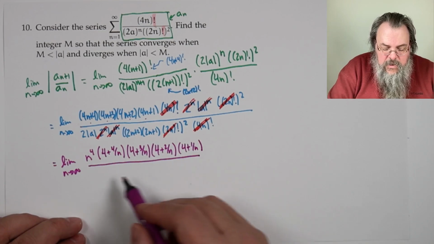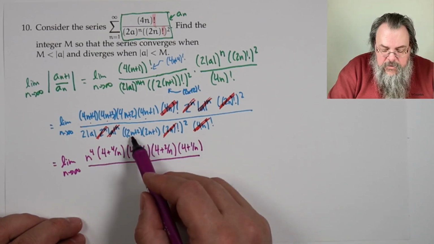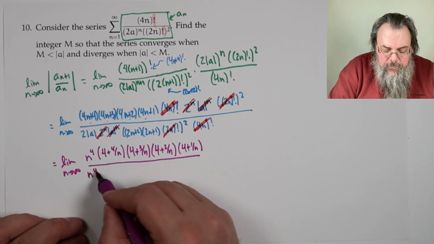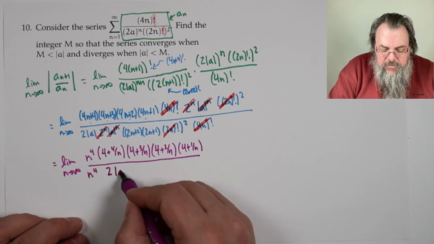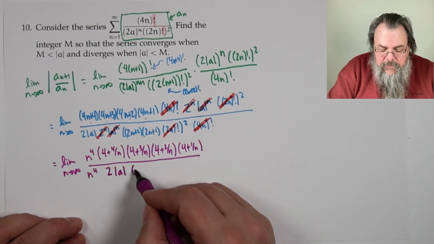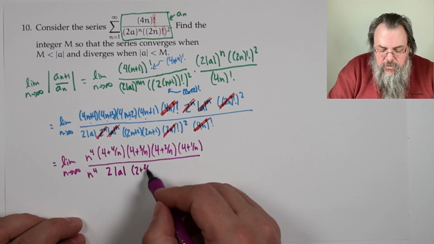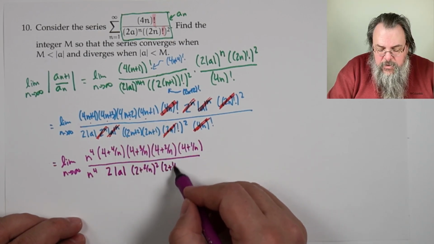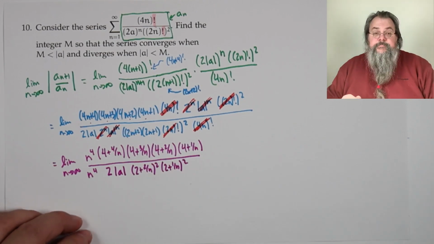Downstairs, I'm going to pull an n out, but remember, it's being squared, so I still have n to the 4th. Still have the 2, the absolute value of a. And then we have 2 plus 2 over n, that's being squared, and 2 plus 1 over n, that's being squared.